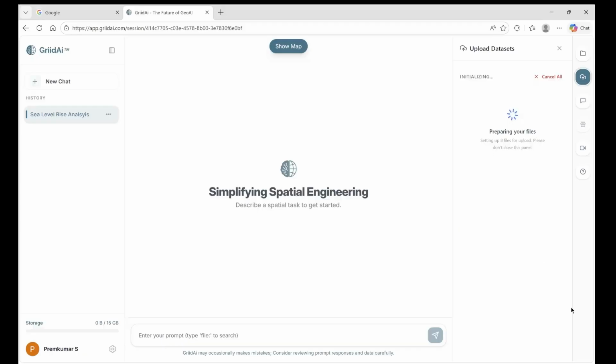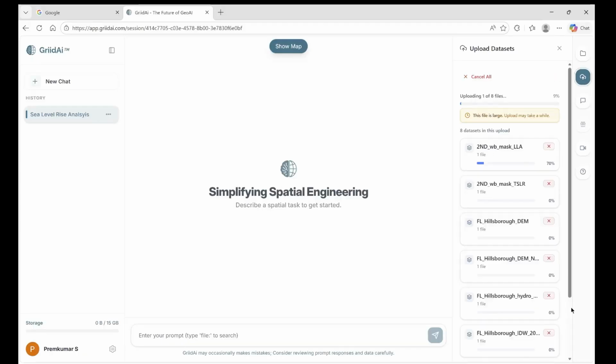It's basically just a sanity check and it starts uploading, and you can see the message, the file is large, upload may take time. That's information for us when we are uploading very large files like 1 GB, 2 GB files, so that we can be much more patient while the files are being uploaded.